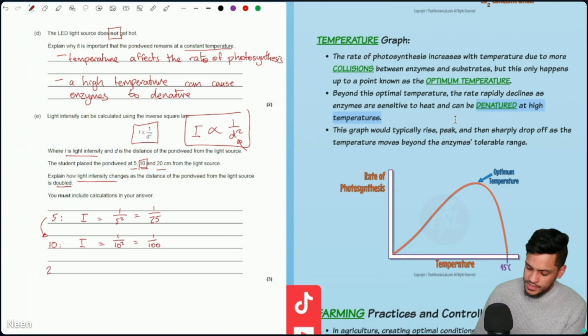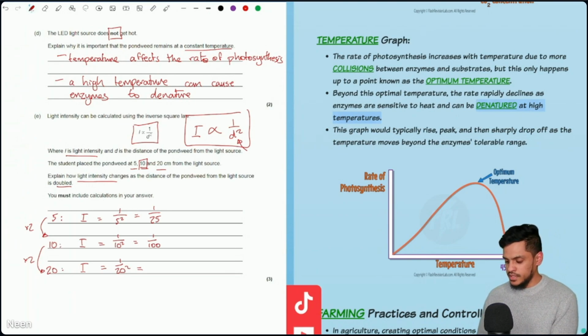Then we've got 20 centimeters. So we're doubling it again. Times 2 times 2. Intensity is 1 over 20 squared. 20 squared is 400.